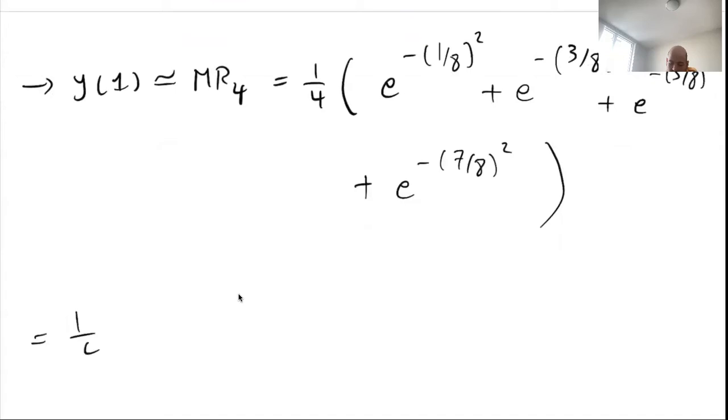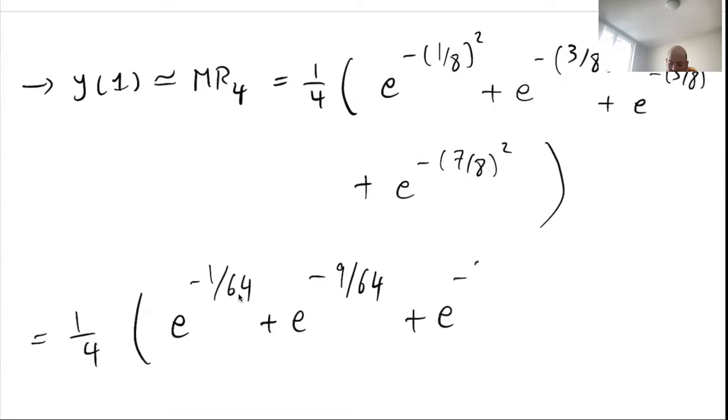So that's 1 over 4 times e to the power minus 1 over 64 plus e to the power minus 9 over 64, e to the power minus 25 over 64, and e to the power minus 49 over 64.